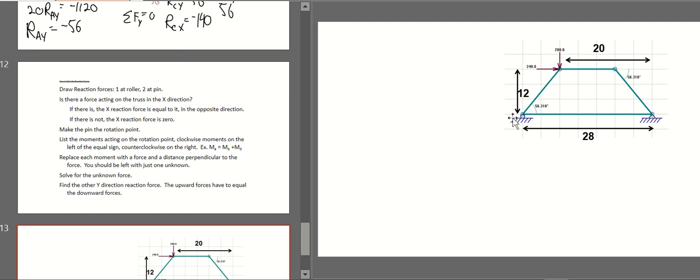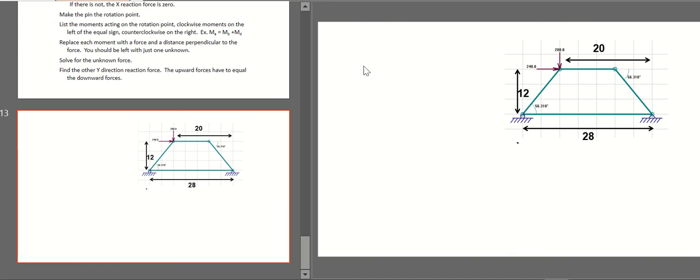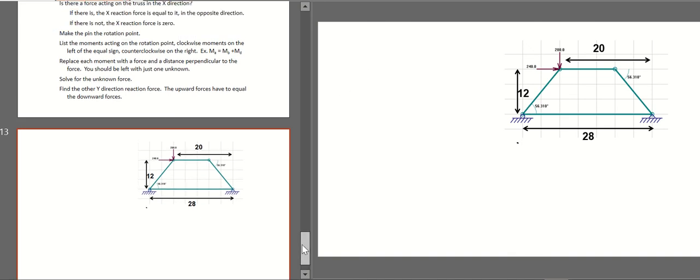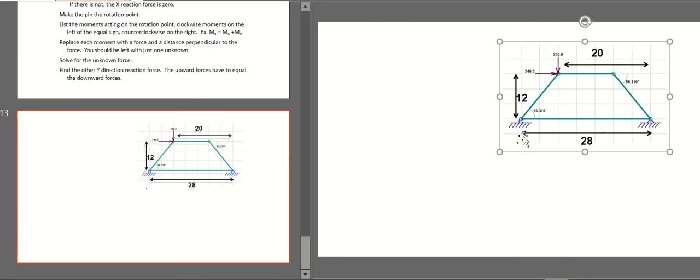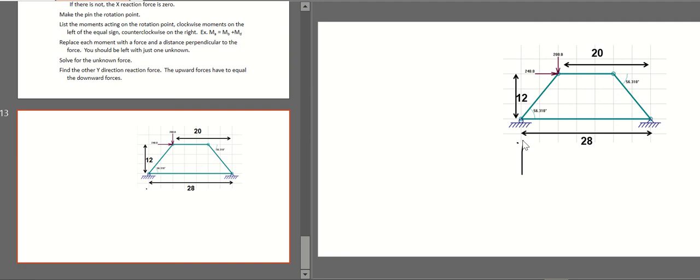All right, I want you to be able to see that and follow along as I go. Here we go. Oh, we got to label these: A, B, C, and D.